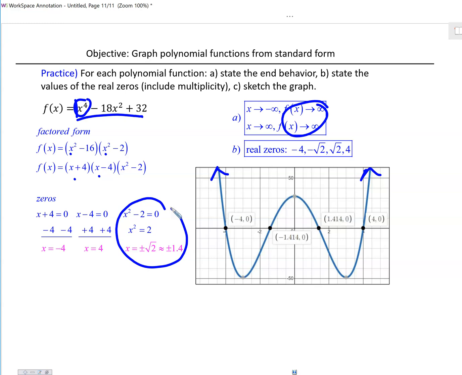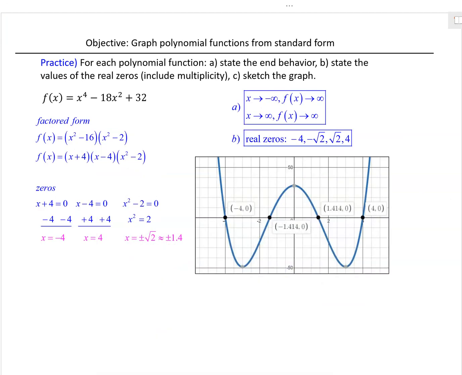Either way, you should have come up with 4 zeros: negative 4, positive 4, and then positive and negative square root of 2, which is approximated at about 1.4 positive and negative. And there's no multiplicity, so we don't have to worry about relative maximums and minimums on these.